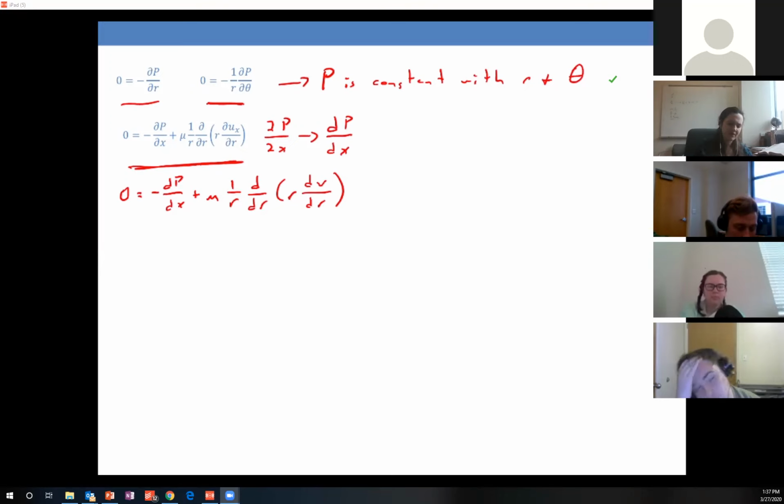Here we go. We have our differential equation. dp dx is a constant here, so we can just leave it as dp dx when we integrate. We don't have to integrate with respect to x or anything like that. Right? And so now we separate and integrate.